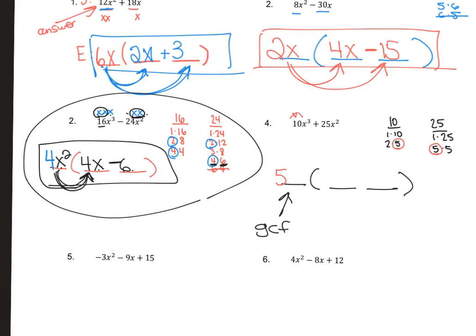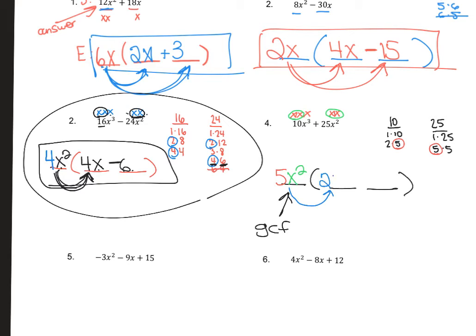I have x, x, x, and I only have x, x here. So what's common between them? x squared. So 5x squared, what am I multiplying to get back to 10x to the third?